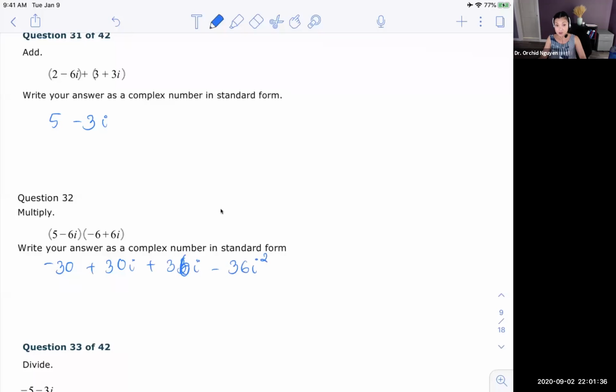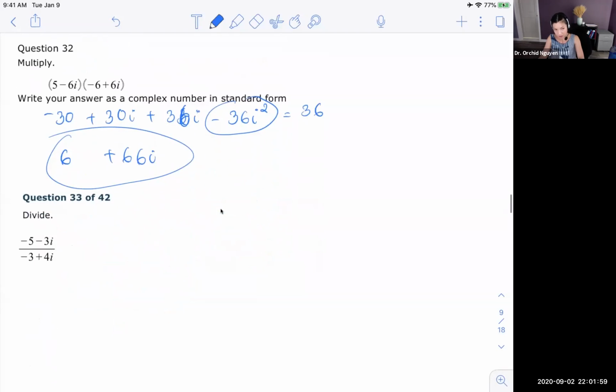Don't forget that i squared is negative 1. So with that negative 36, this whole thing becomes positive 36. Okay, so let's combine like terms. So we have 36 minus 30, which is 6. And then we have 66i.